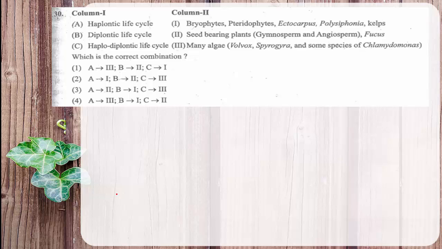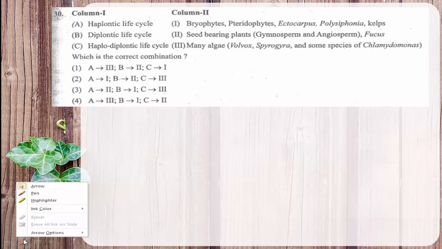Then moving to again one more match the following. But here the examples of plant groups along with their life cycle patterns are given, and it is asked to find out which one is the correct combination. Haplontic life cycle, diplontic life cycle, haplodiplontic life cycle. For the haplontic life cycle, where do you find it?